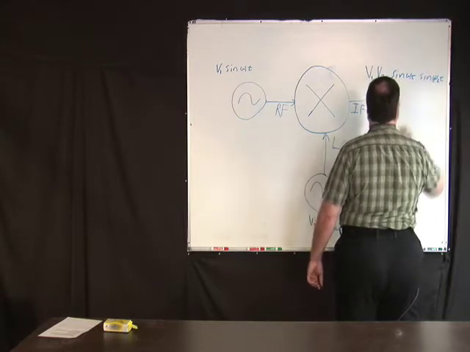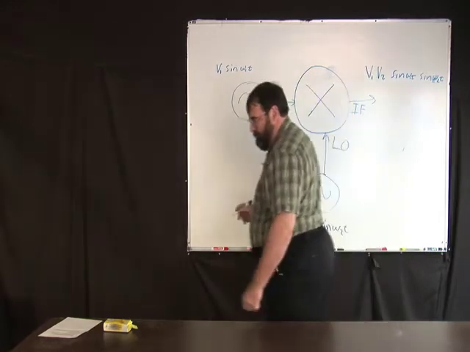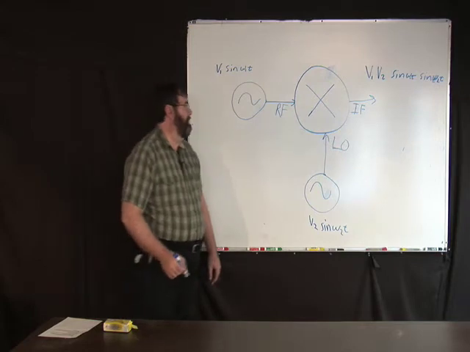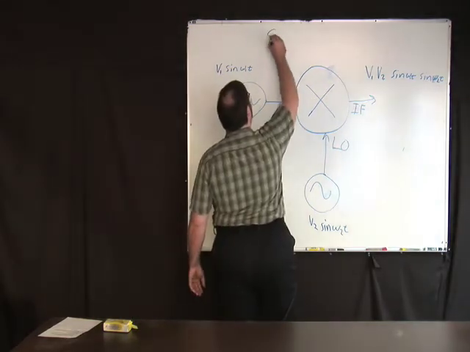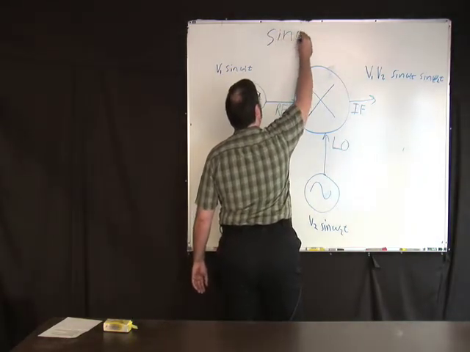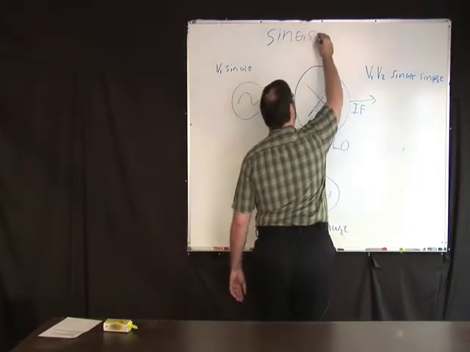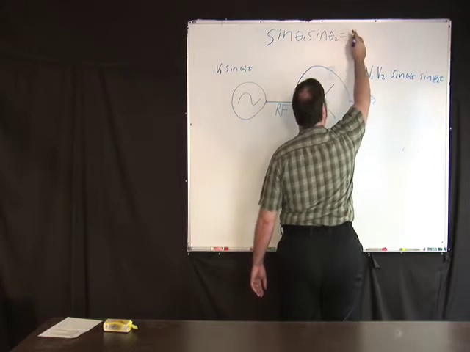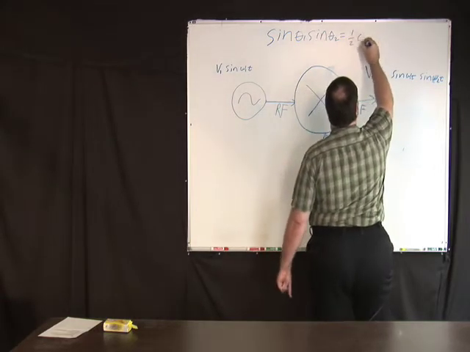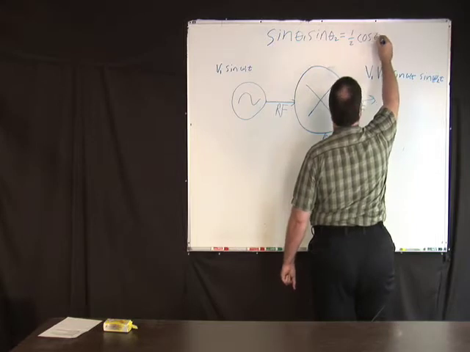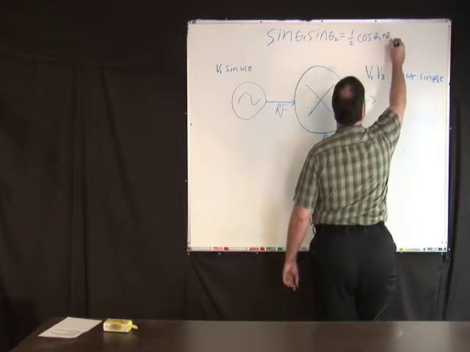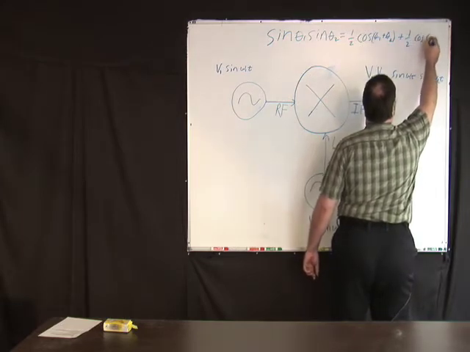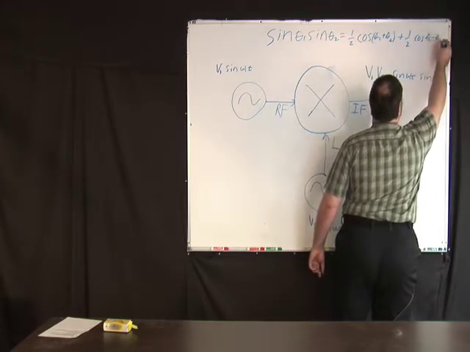Well, some of you may remember your trigonometric identities, that if you have something like sine theta 1 times sine theta 2, that's equal to 1/2 cosine of theta 1 plus theta 2 plus 1/2 cosine of theta 1 minus theta 2.